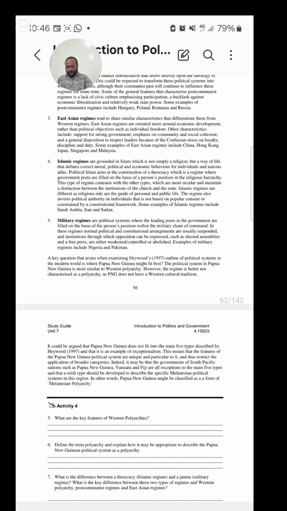Okay, and I'll read. Other characteristics include support for strong government, emphasis on community and social cohesion, and a general disposition to respect leaders because of the Confucius stress on loyalty, discipline, and duty. So you would find that Chinese people, or even in North Korea, they tend to respect and show loyalty to their rulers, because it is part of their culture.